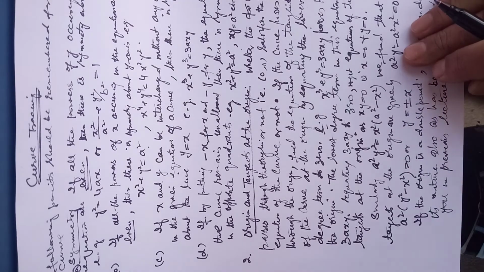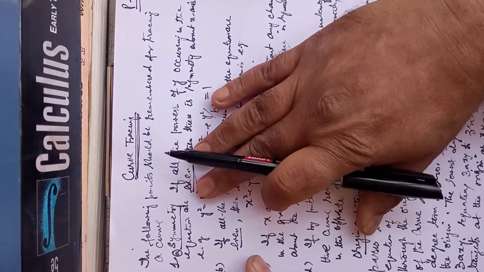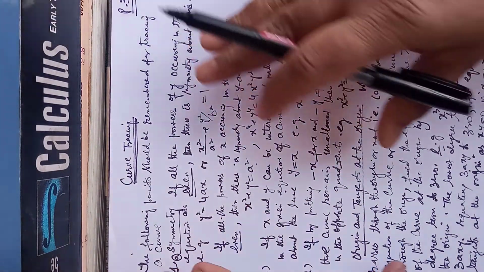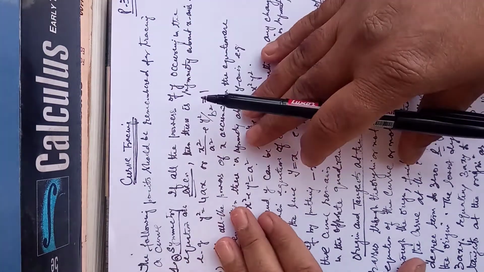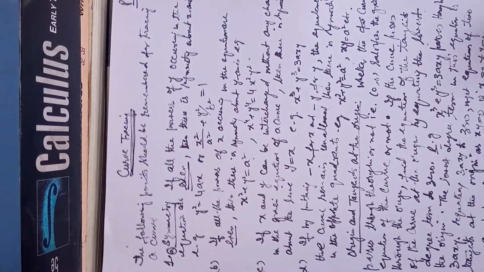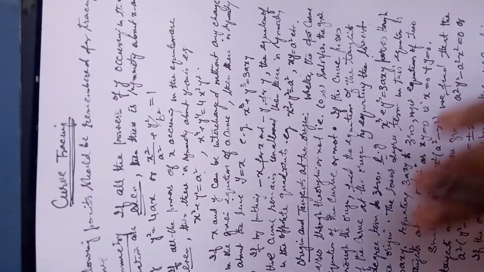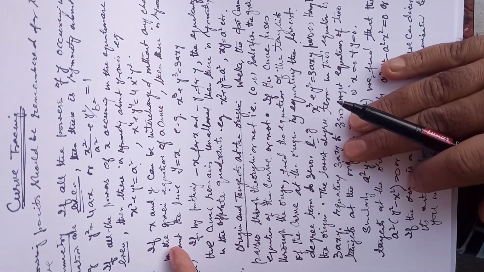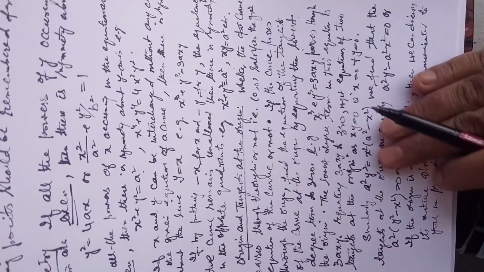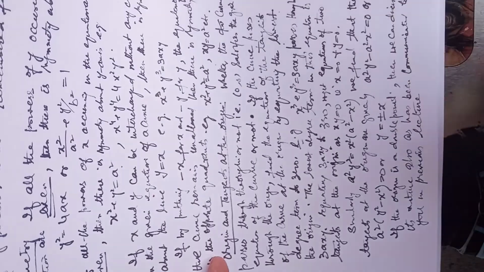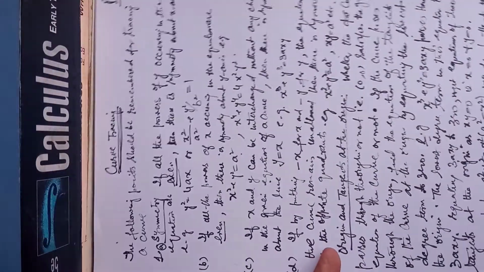Fine. So for tracing a curve, one, we will see the symmetry, whether it's symmetry in the opposite quadrant, about x-axis, about the line y equal to x or y equal to minus x. Then we will see whether the curve satisfies the origin. Then we can find tangents at the origin, and then the nature of these, whether they are node, cusp, or a conjugate point. This is second.